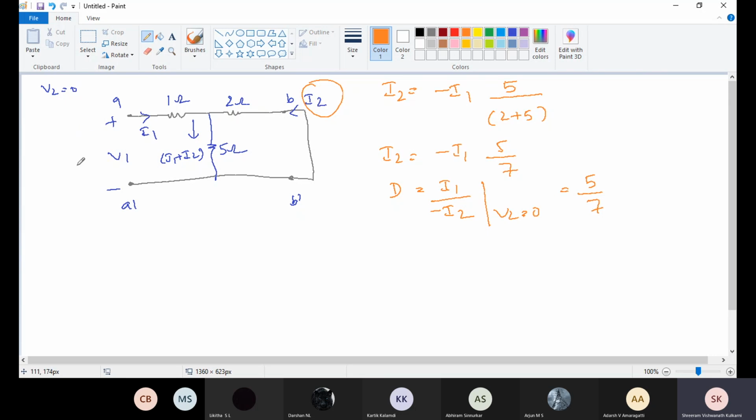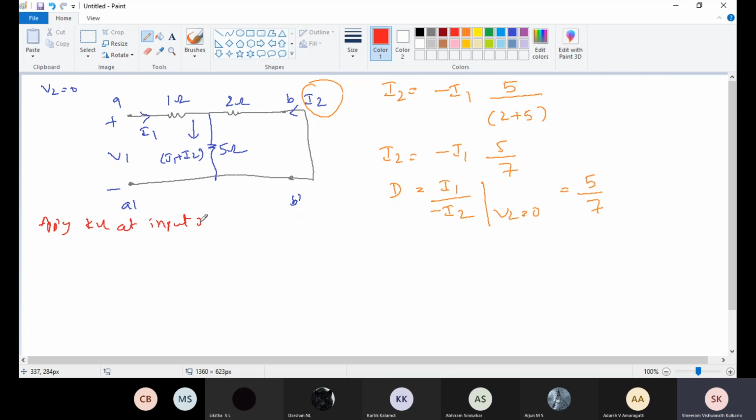Now if I apply KVL at the input port, I am going to get B. Apply KVL at inputs.